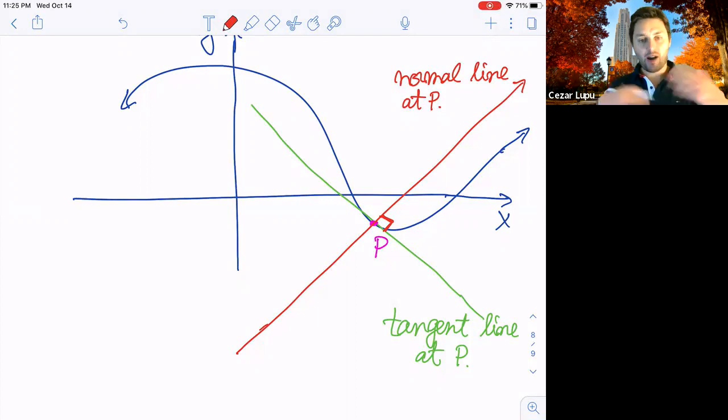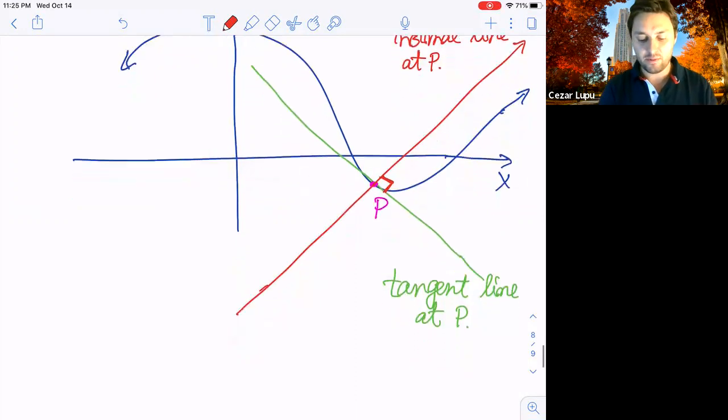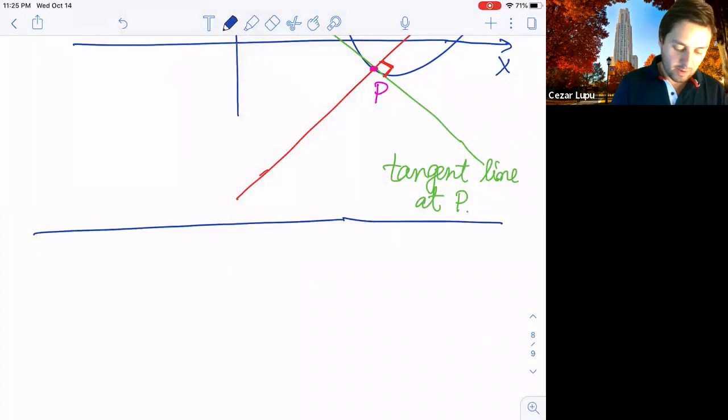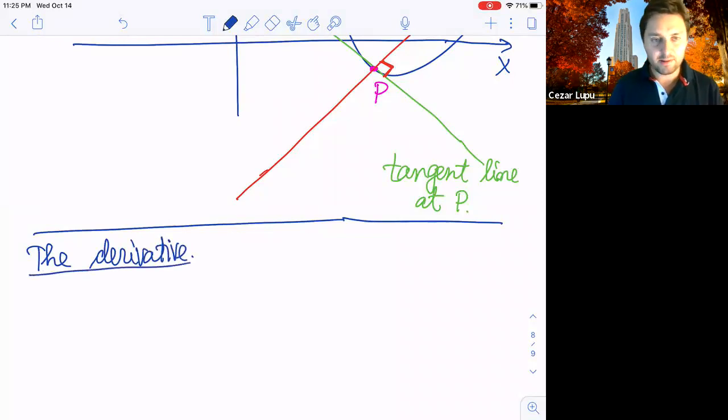All right, and now finally, after saying all these things about the slope of the tangent, the slope of the secant, normal lines, it's finally time to define the derivative, to say exactly what it is. In fact, we talked about it, but I didn't say explicitly what the derivative is. And now I'm going to say it.